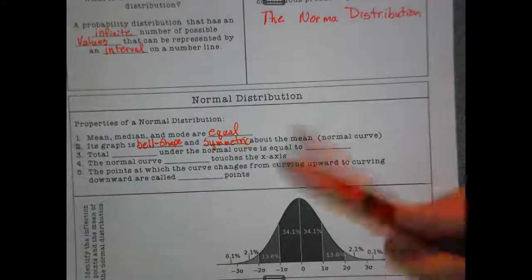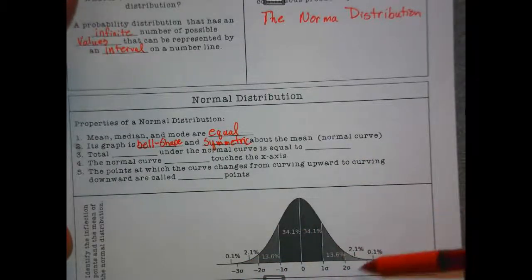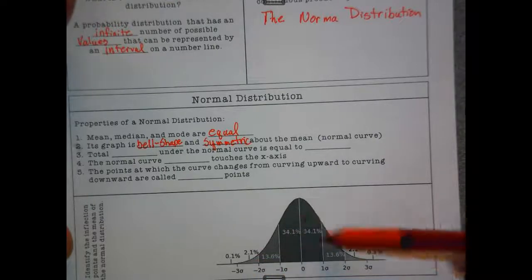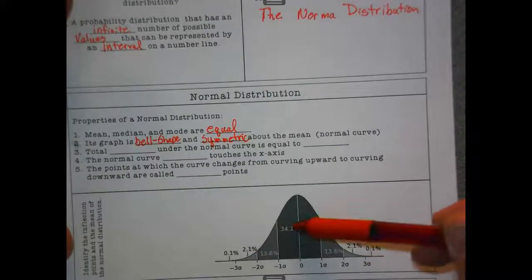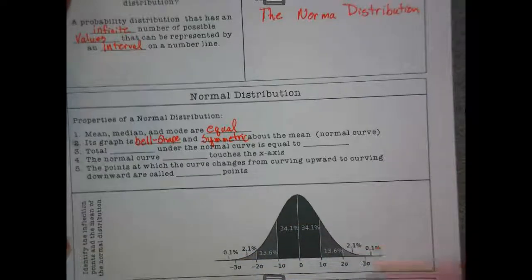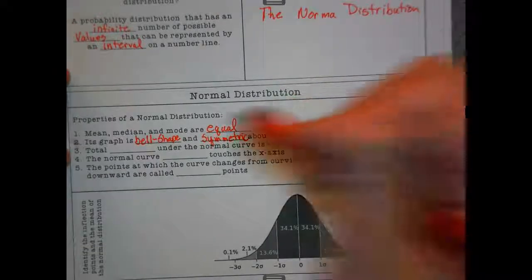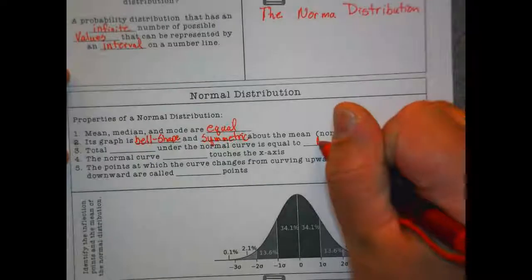Now, this area under the bell curve. See how we have 34.1 and so on, all this area is equal to 100%, so it's all equal to 1.